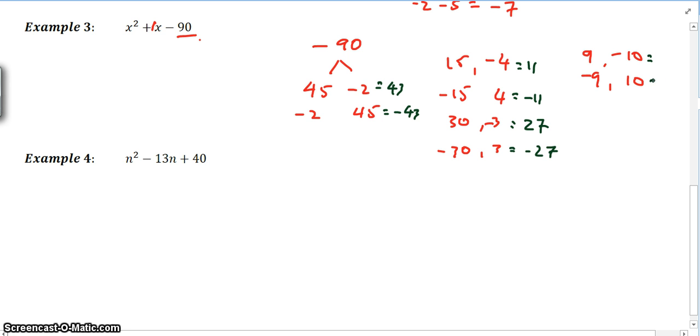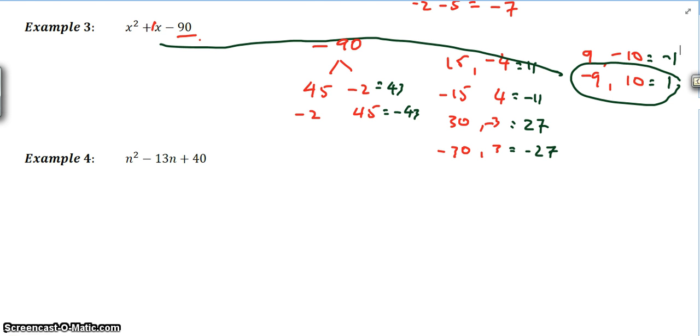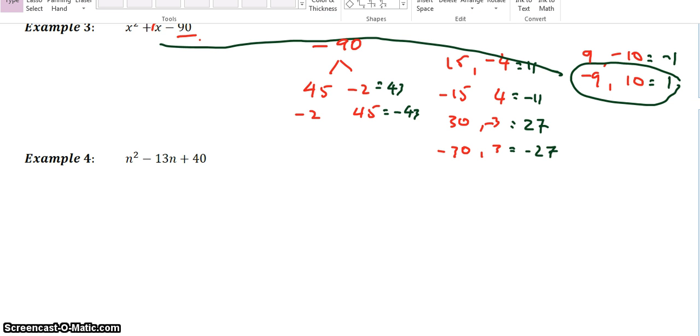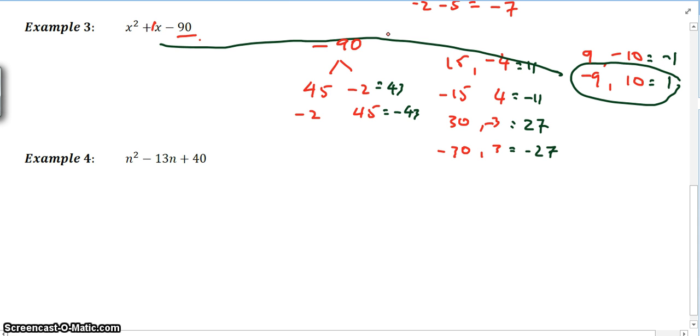And this one, in this case, will be minus 1, and this one will be positive 1. So the factors that we want are this one right here, because you can see that we have positive 1 in our question, and the other one's just a minus 1. So this reduces down to x minus 9, x plus 10.